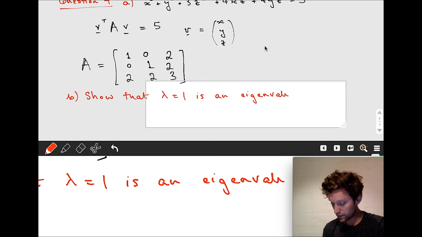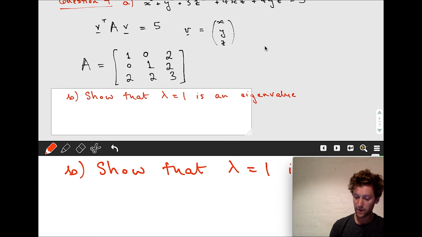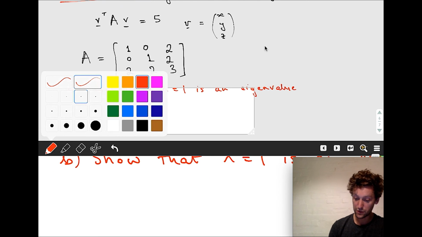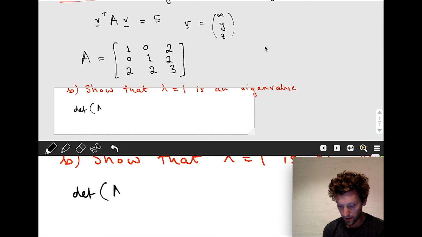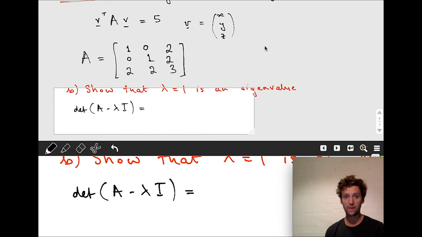There's a couple of different ways to show that. The way I'm going to do it is by calculating the characteristic equation for A, that is, calculate the determinant of A minus lambda I. Set that equal to 0 to get my characteristic equation, that is a cubic equation for lambda, and then substitute in lambda equals 1, and show that that is equal to 0.